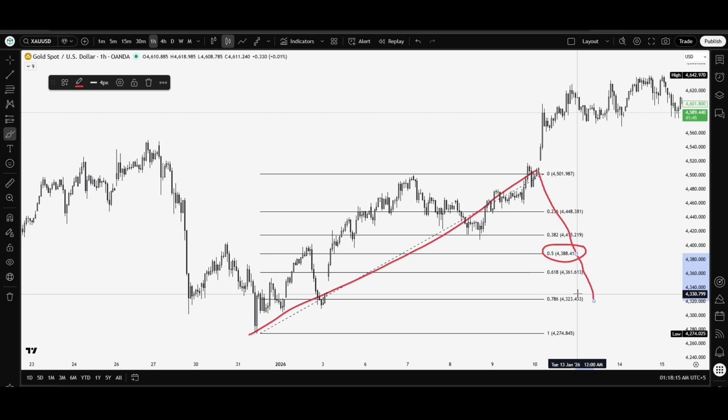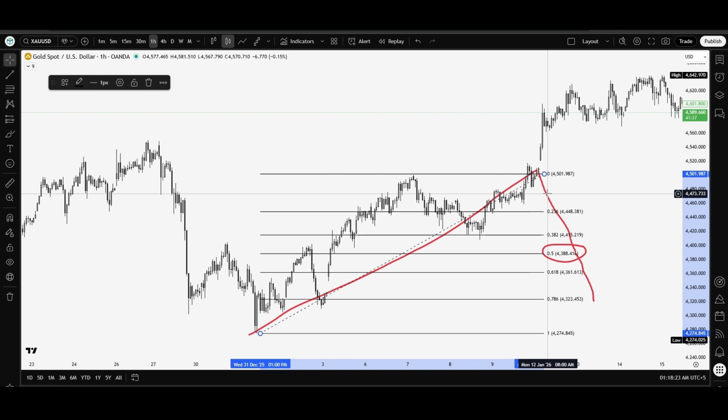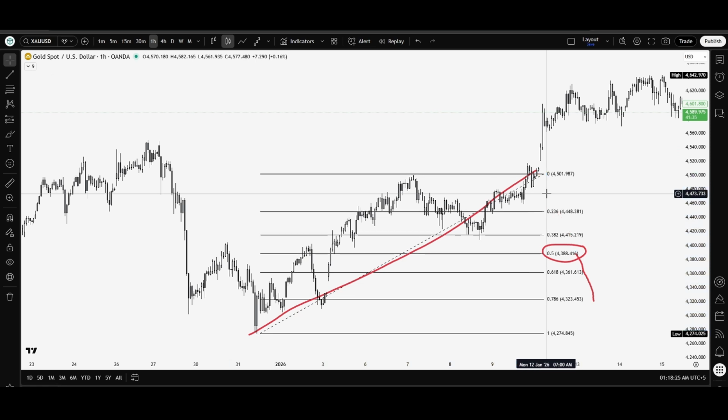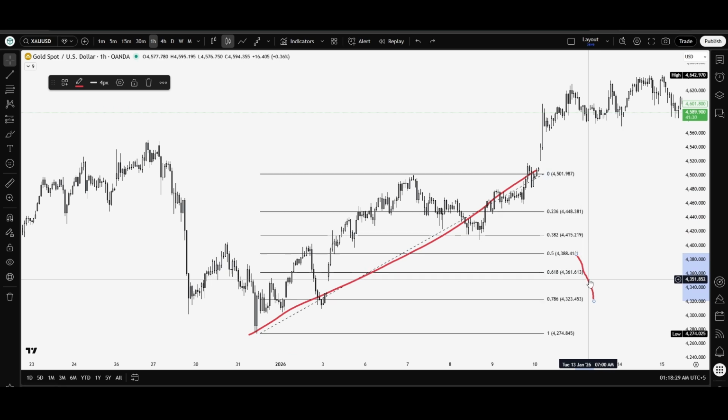So why don't I use the 78% or 23% levels of Fibonacci? Let's say you are in this good trend. The 23% level is not very significant because the retracement is not that high.